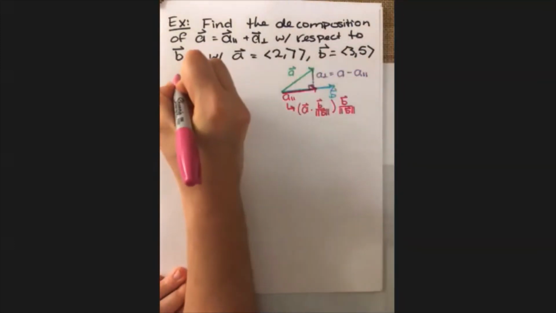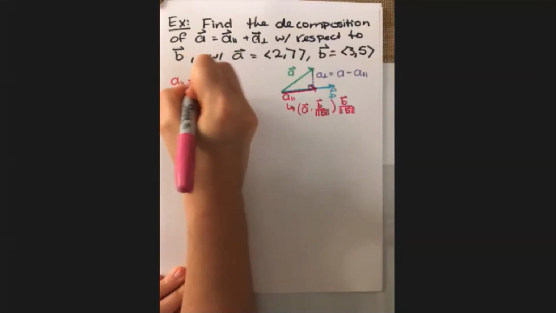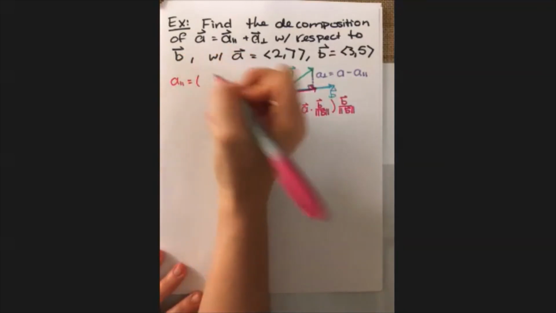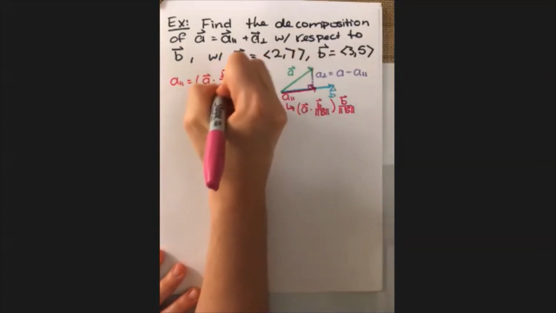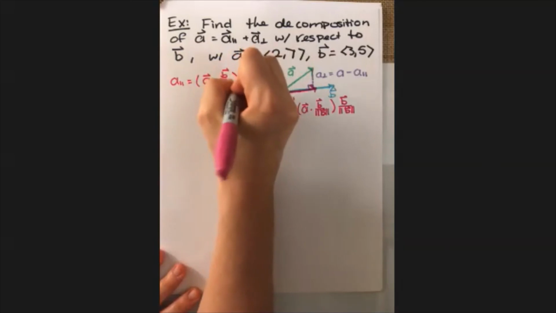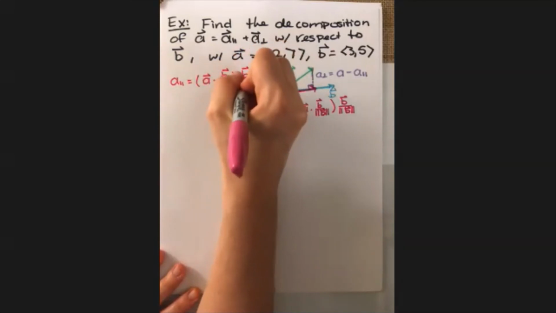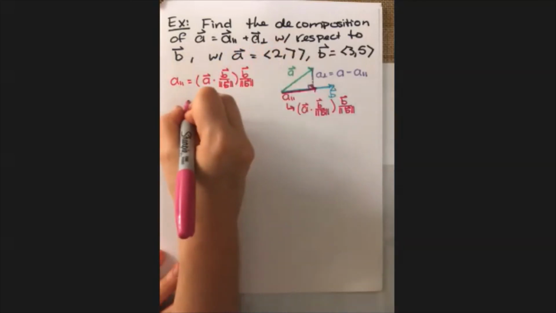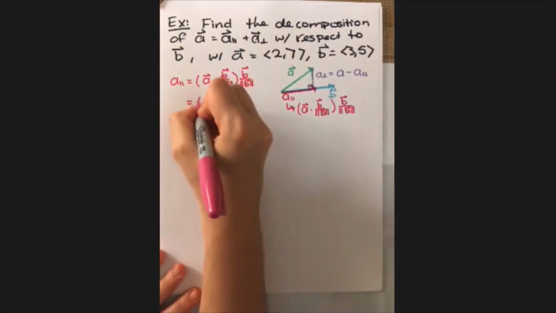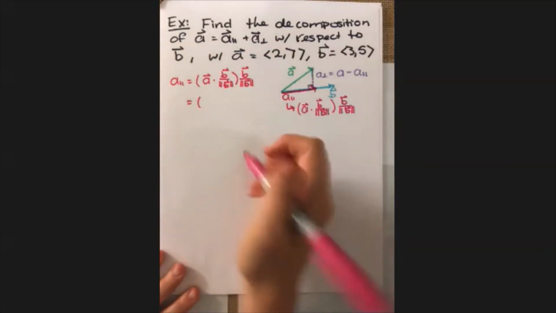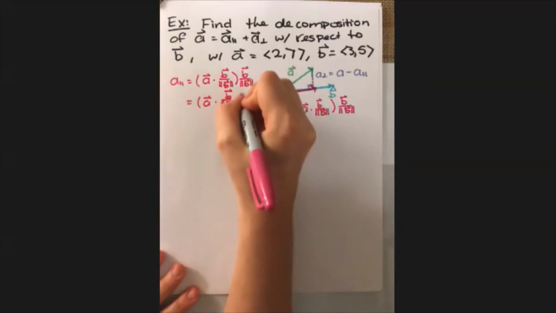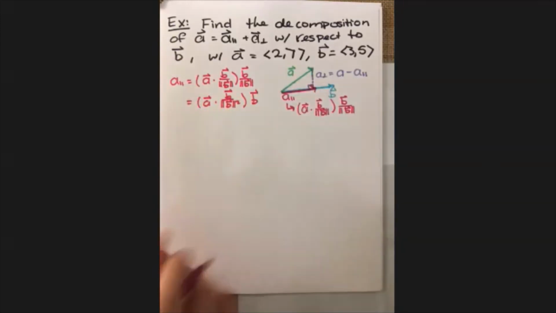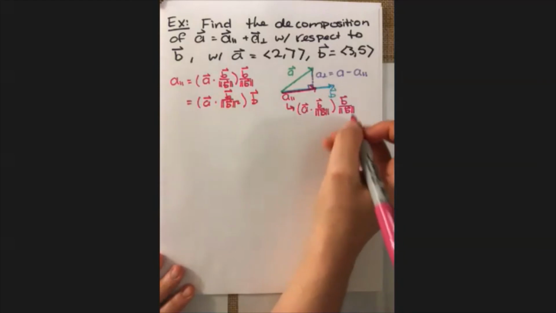So we're going to start with the parallel piece first, because we have a formula for that using entirely information we already know. That's A dotted with B divided by its length times B divided by its length. And that is equal to, rearranging this a little bit because it makes the math simpler later on, A dotted with B divided by its length squared, and then times B on the outside there, like so.